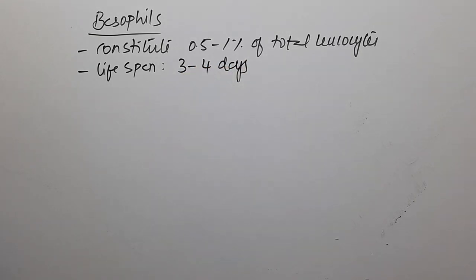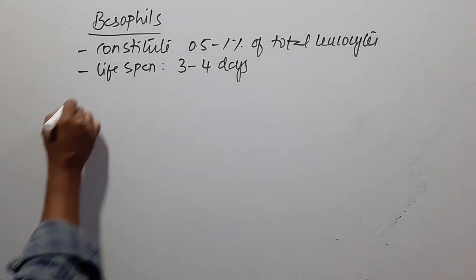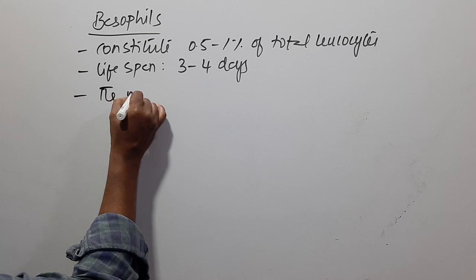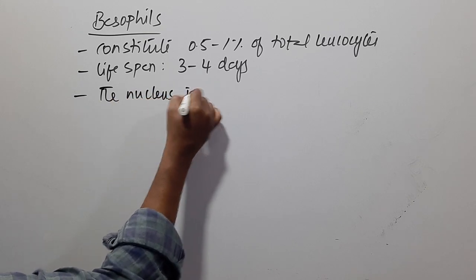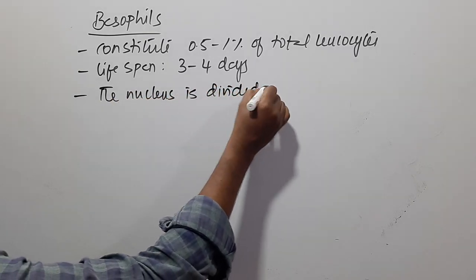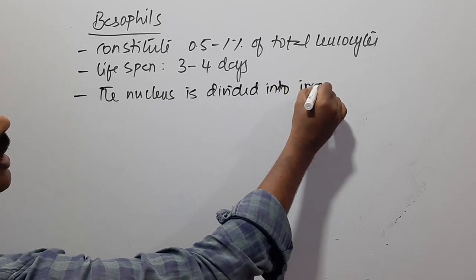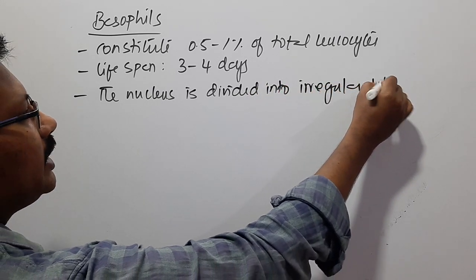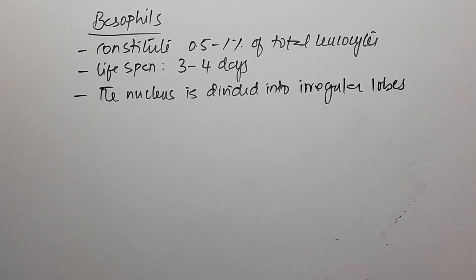Approximately, all these values I am giving here. And the nucleus is divided into irregular lobes. It is actually based on the shape of the nucleus only that we will be able to identify whether it is an acidophil, basophil, or a neutrophil.